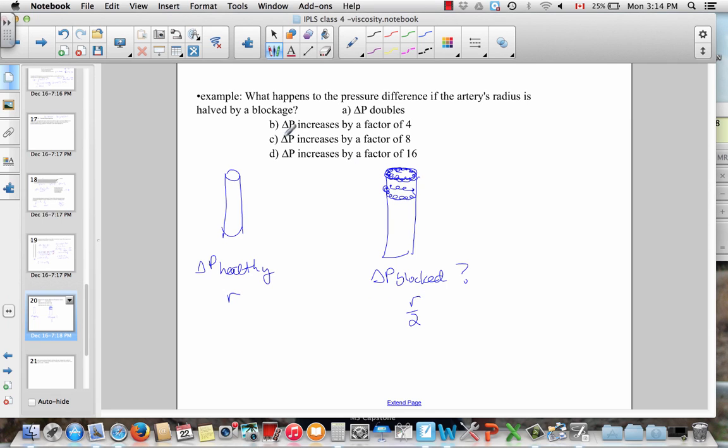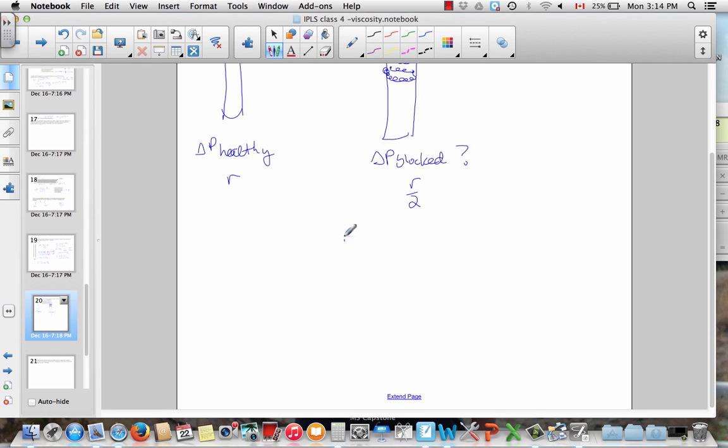Okay, so here it is. The correct answer is that the pressure difference is greater by a factor of 16. Here's the reason why. Because the pressure difference, 8 eta L over V, all of that's staying the same. What's changing is the radius. Now we know it's 1 over the radius to the 4th power.